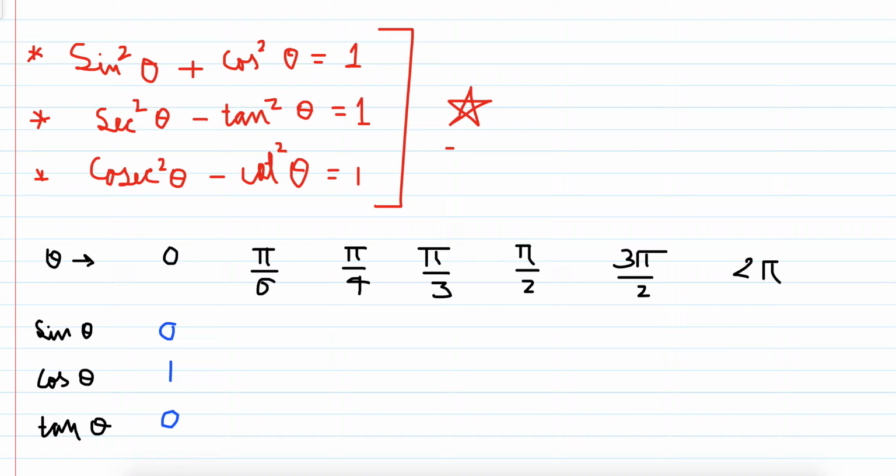Then for pi by 2, sine is 1, cos is 0. So tan is 1 by 0, so it's not defined. I will write infinity here.